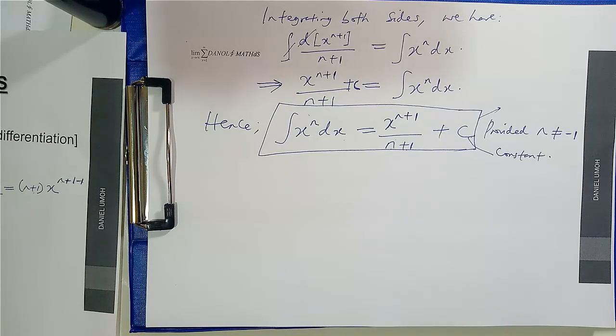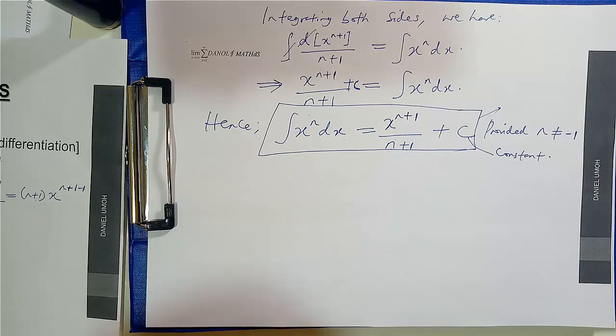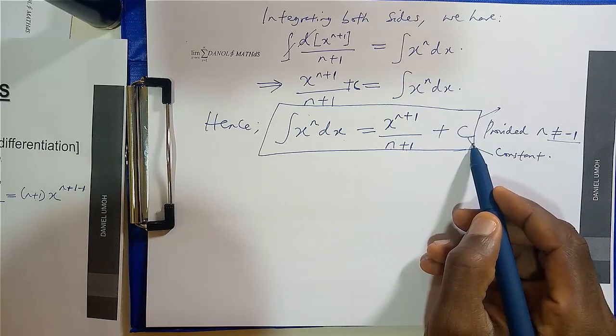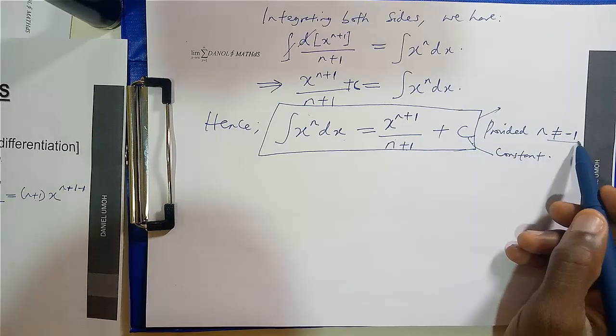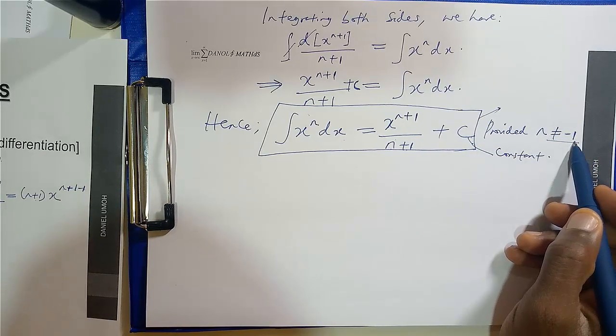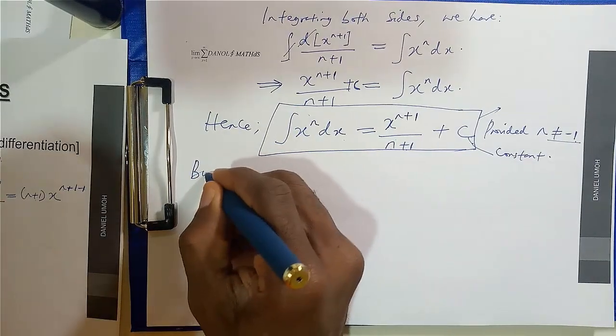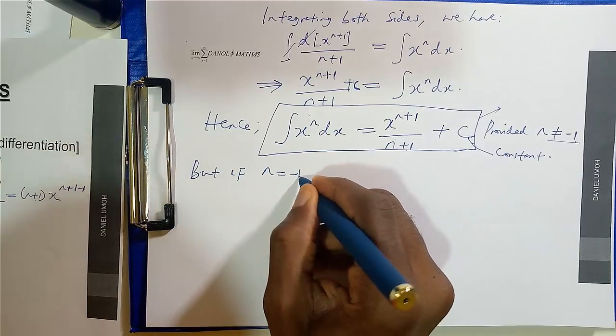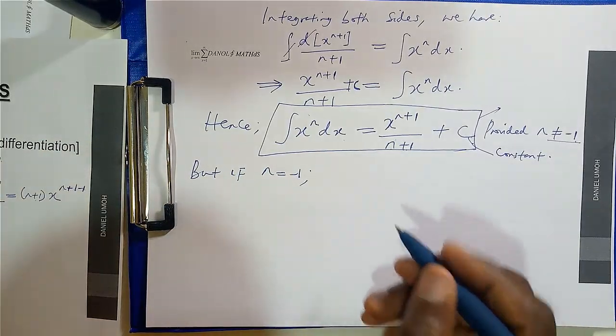Okay, I want you to note, we gave a condition that this formula is used provided n is not equal to minus 1. But if n is actually minus 1, see what we're going to have.